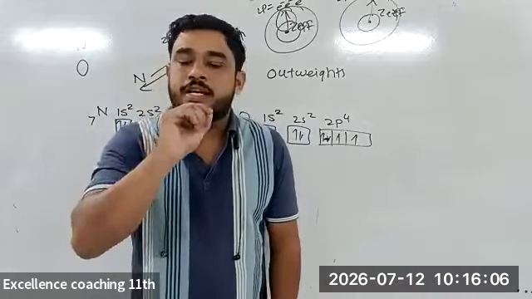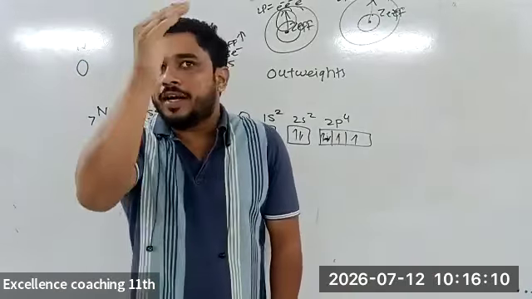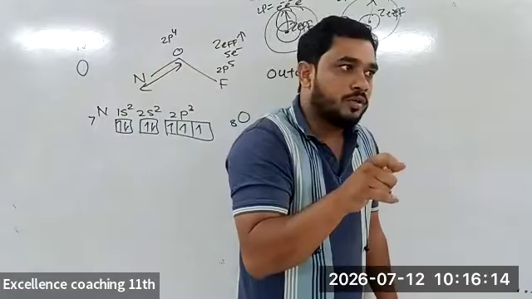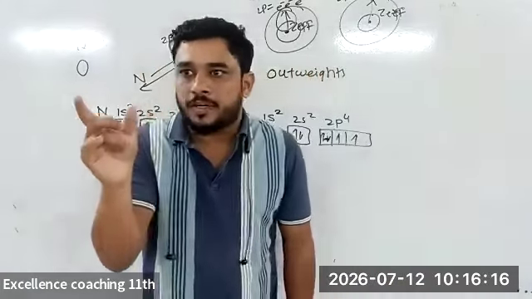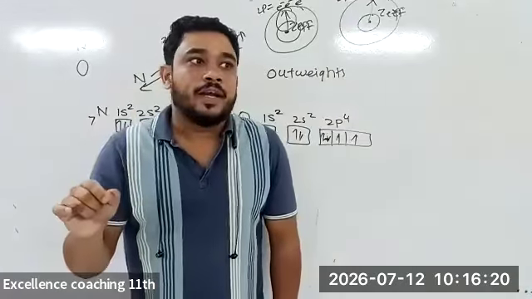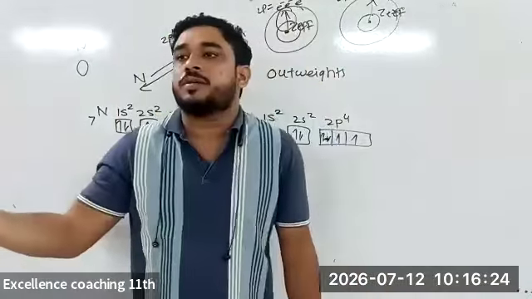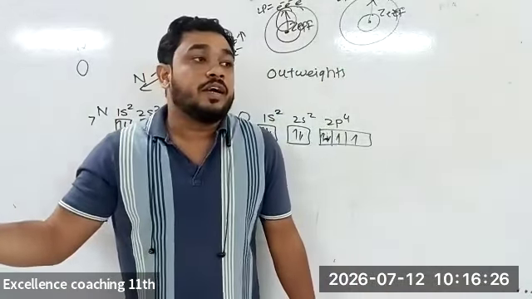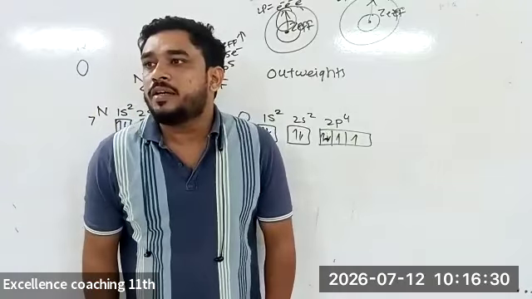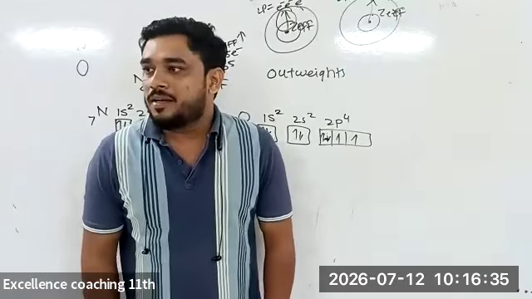As a result, from nitrogen to oxygen, the size increases. Again, oxygen to fluorine. In fluorine, there is 1 more electron. So there will be inter-electronic repulsion. But in fluorine, the effective nuclear charge is so high that it outweighs what? Inter-electronic repulsion. As a result, from oxygen to fluorine, atomic size what? Decreases. See how the concept of atomic radius works.